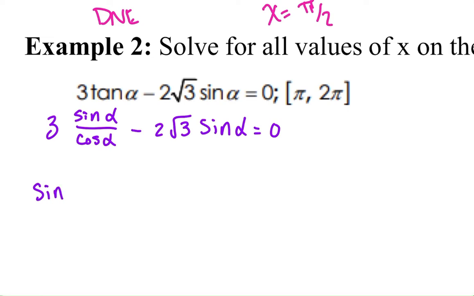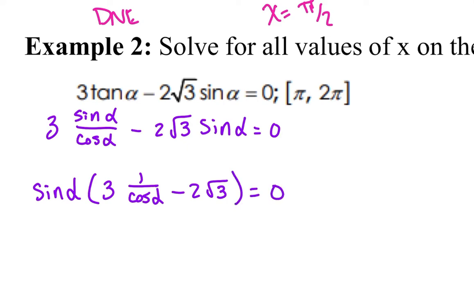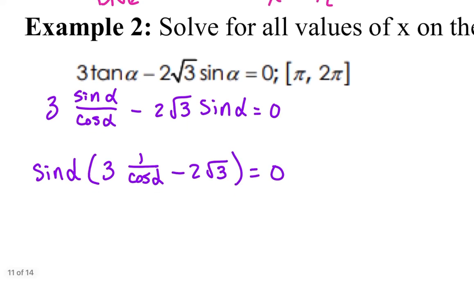So I'm going to factor a sine of alpha in front, which means left here I've got 3 times 1 over cosine of alpha minus 2 square roots of 3 equal to 0. And now there is a small modification we can make on the inside right here. 1 over cosine of alpha, since we've taken the sine out, represents the same thing as its reciprocal function, which is secant of alpha.